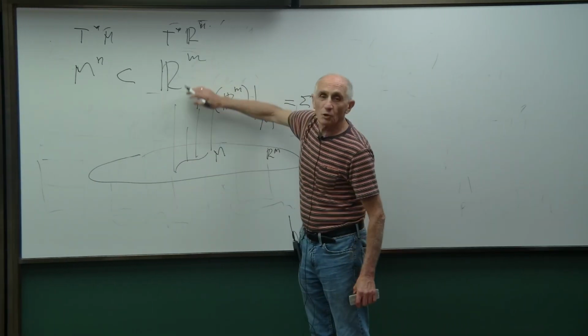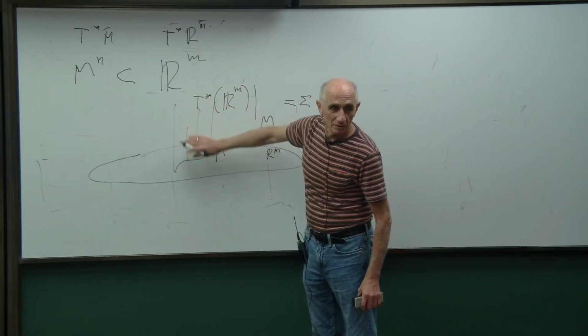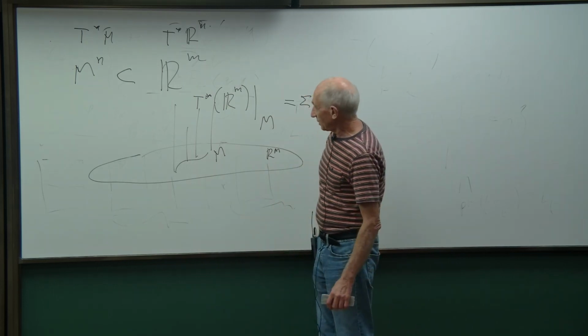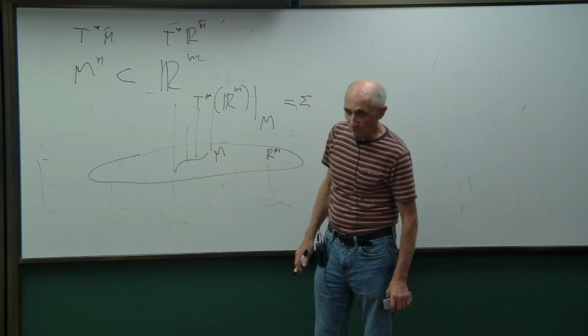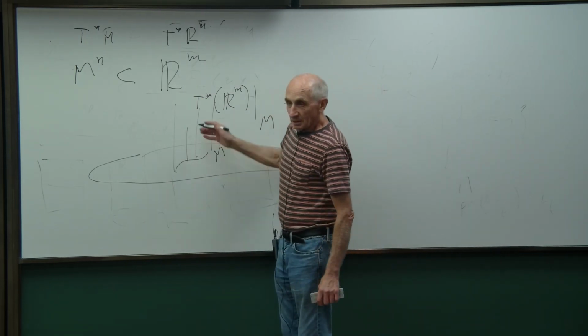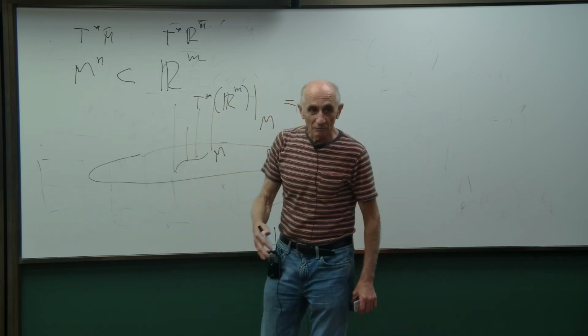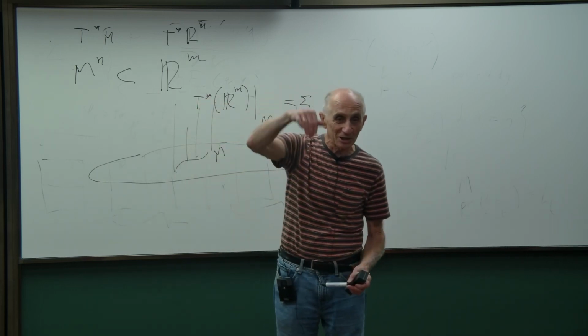So this is a coisotropic manifold. What are the directions of degeneration?